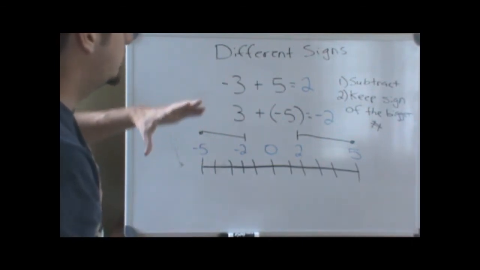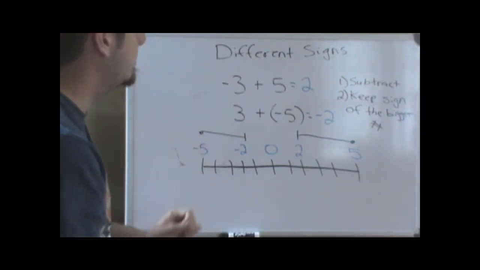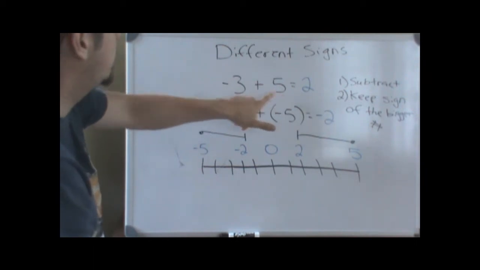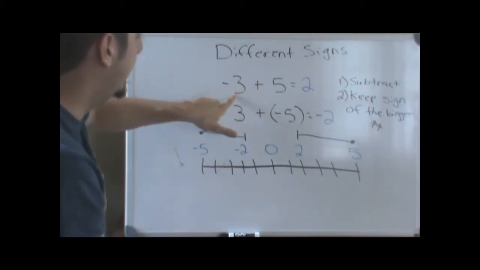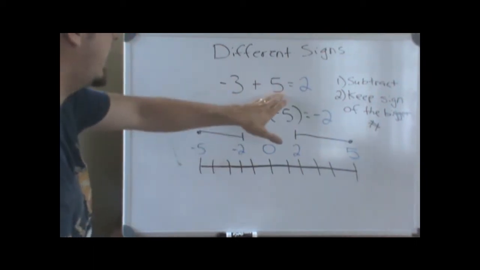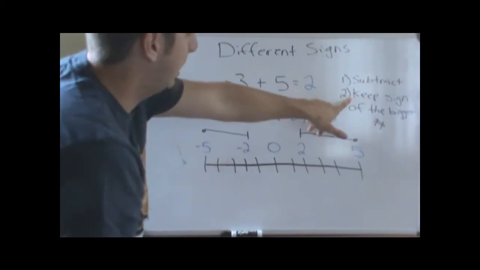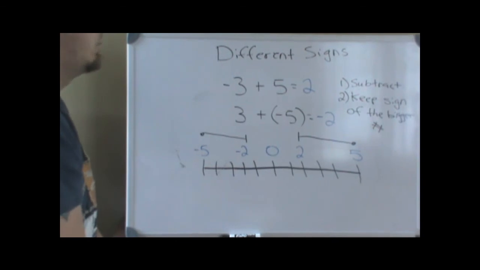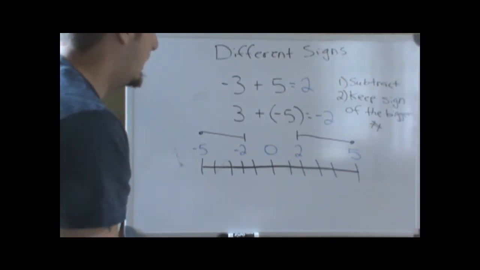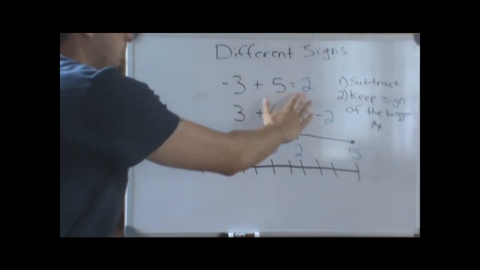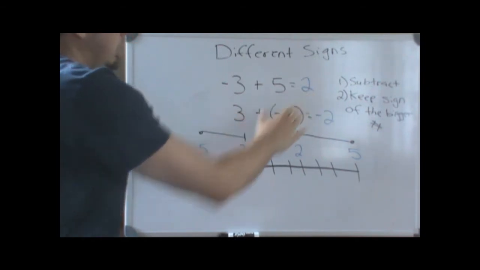So if you subtract the absolute value of the two numbers, of negative 3 and 5, so if you just do 5 minus 3 and get 2, and then you go to the second step, which is you keep the sign of the bigger number.